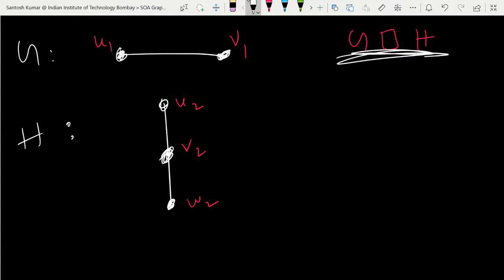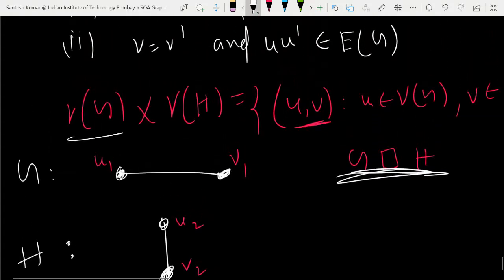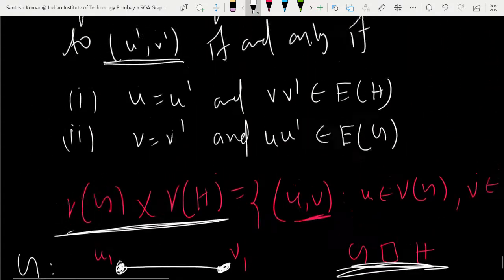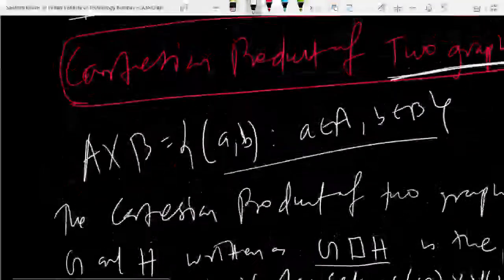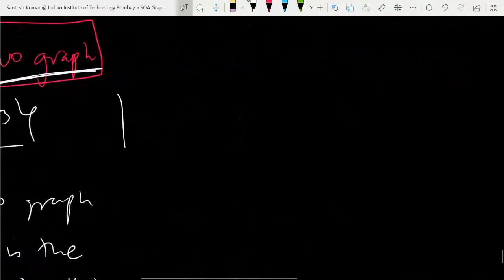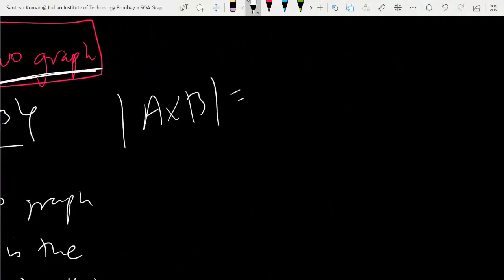Means this graph will have how many vertices? You see the definition. What is the cardinality of these two sets? You know the cardinality of A cross B is equal to the cardinality of A times the cardinality of B.